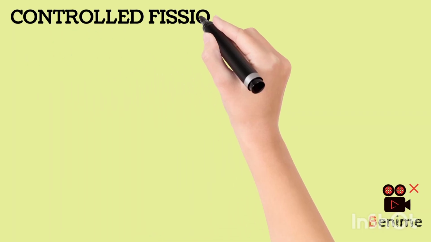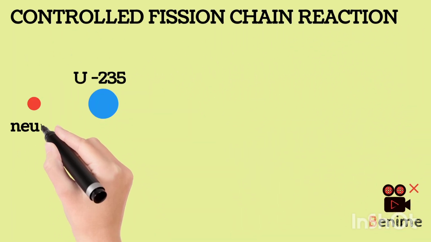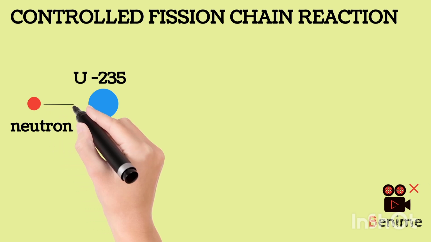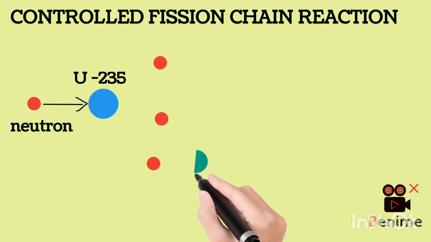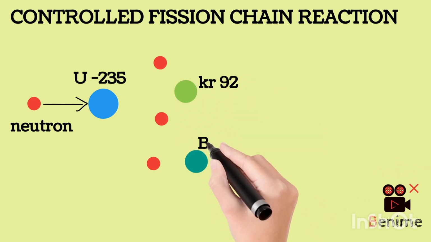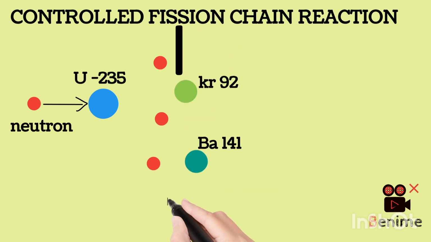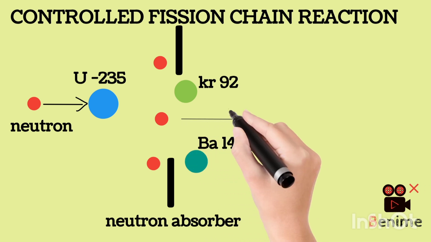In the diagram you can see a neutron interacts with uranium-235 and a fission reaction is initiated. In fission, along with 2 daughter nuclei, 3 neutrons are emitted, 2 of them are absorbed by rods made up of cadmium and only 1 is allowed for further fission.